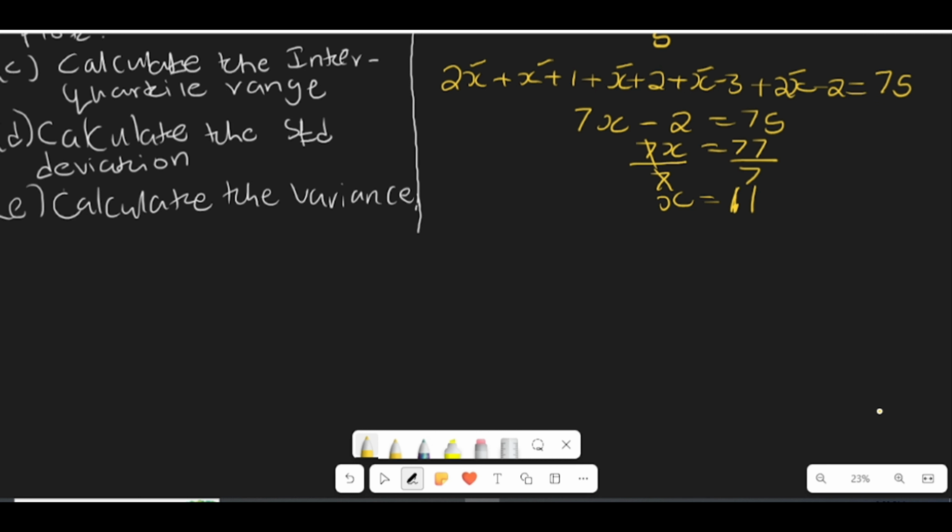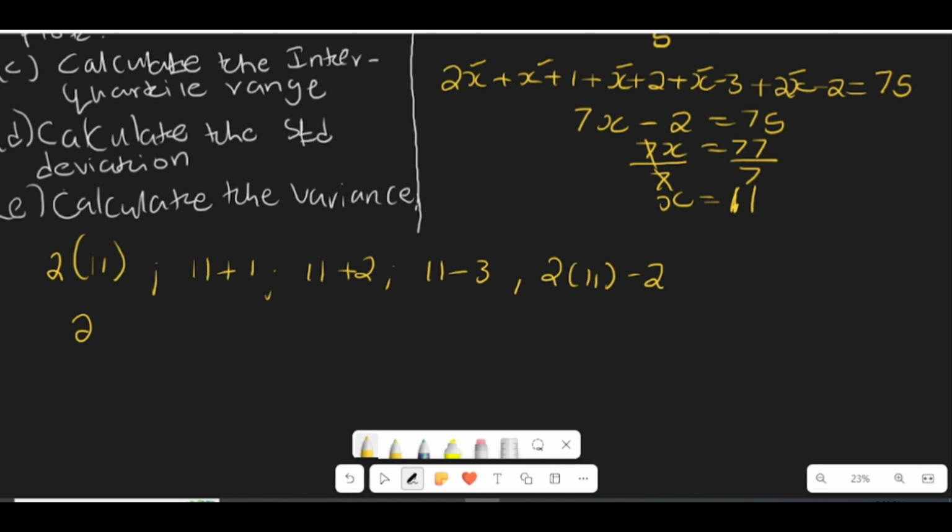The first one on our data is going to be 2 times 11. Then it's going to be 11 plus 1, then 11 plus 2, then 11 minus 3, and also 2 times 11, then close bracket, minus 2.